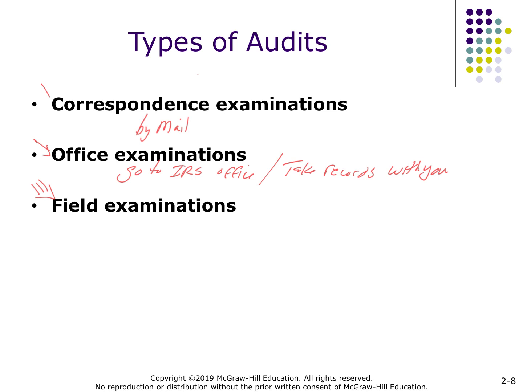All right. And these field examinations are typically reserved for businesses. And the IRS comes to you. Now, truth be known, lots of large Fortune 500 companies have what's called a continuous audit program going on.